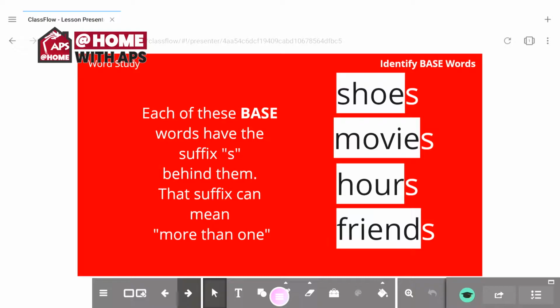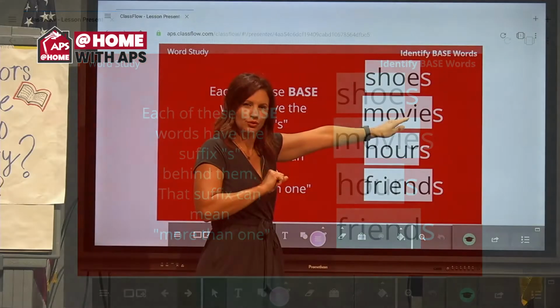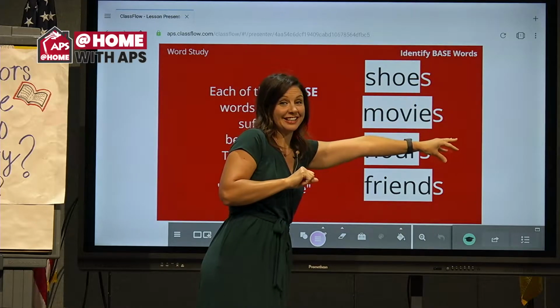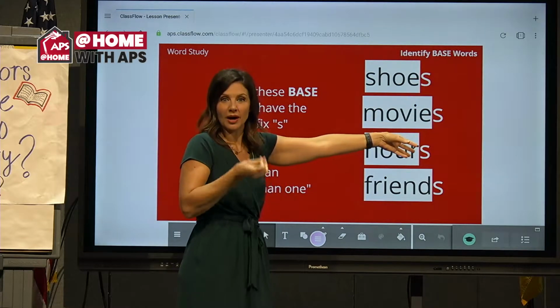So the base word is shoe, and we added the suffix s. So I went from one shoe to more than one shoe. Movie is the base word, just one movie. I added an s to show more than one movie.